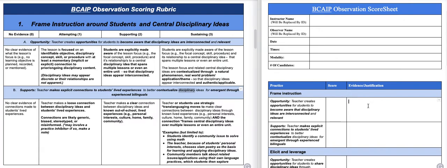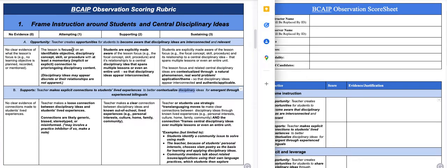Here's where you can collect data. What I like to do when I'm scoring, let's say we're just scoring for this practice, is watch the observation, whether it's a video or in person, and start looking for data specific to level 1, which is really: is there an identifiable objective, disciplinary concept, skill or procedure?